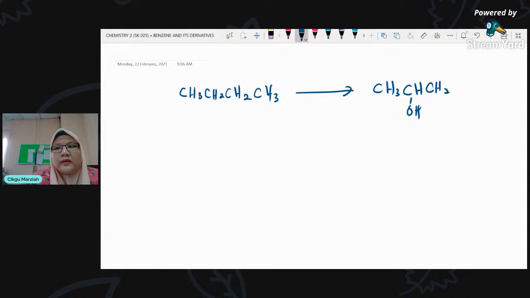When you outline the mechanism, the reaction may take more than one step. So what do you all have to do? First, it must be continuous. It means it is in one line, you cannot separate the equations. So let's say the first one is this one.